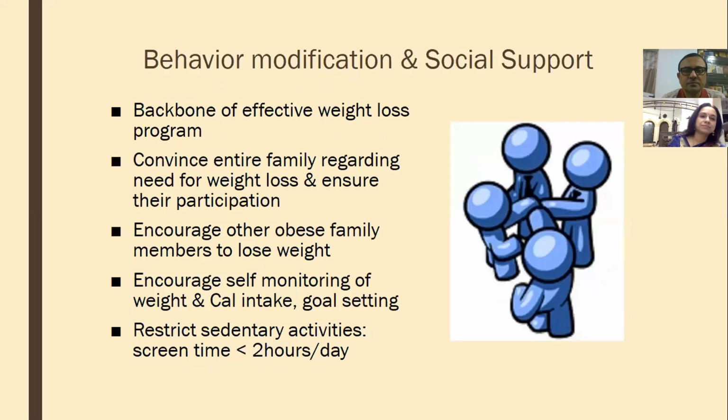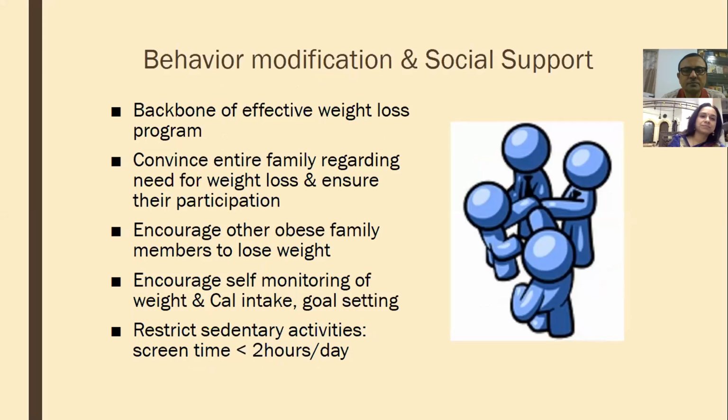Behavior modification and social support is actually the backbone of an effective weight loss program. We need to convince the entire family regarding the need for weight loss and ensure the participation of the entire family. While at it, other obese family members also need to be encouraged to lose weight.